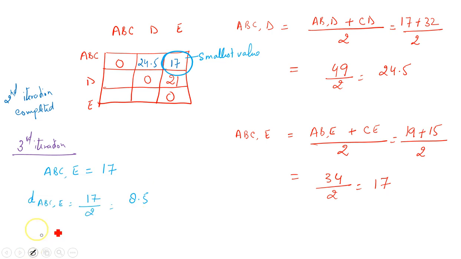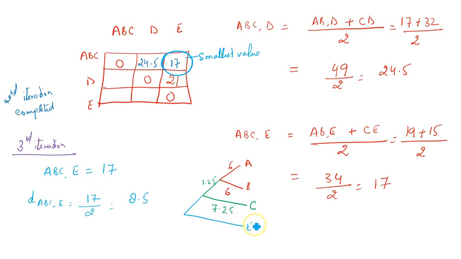The first tree which we identified was AB, and the value was 6 and 6. Then we added C, which was 7.25, and this value was 1.25. Now we are going to add E here. So E is also added with ABC, so ABC is added like this.